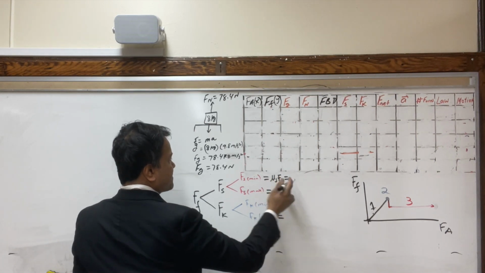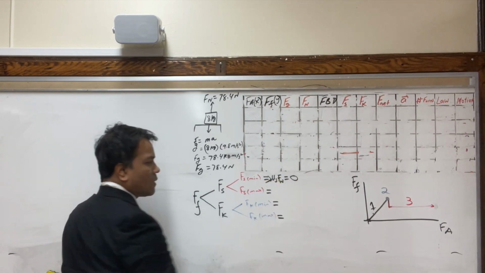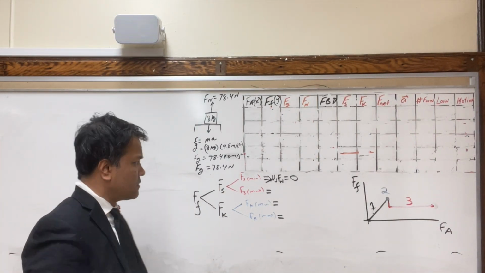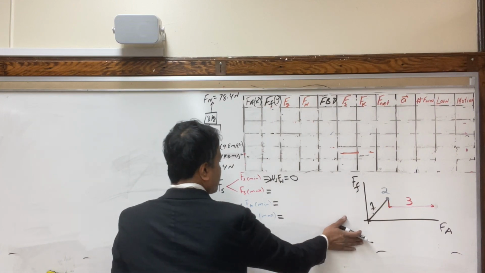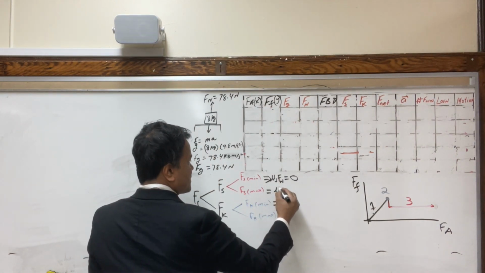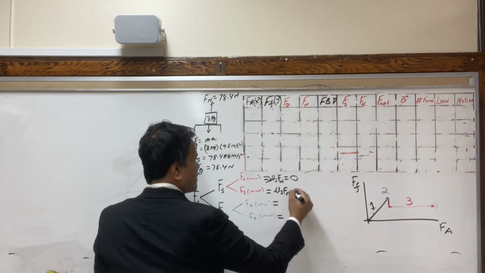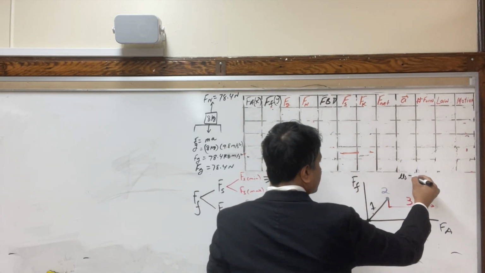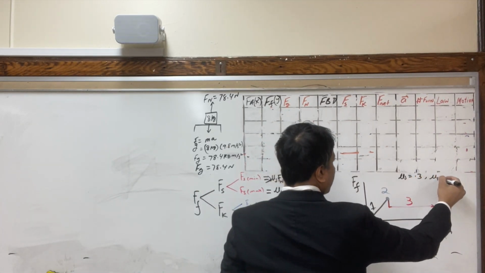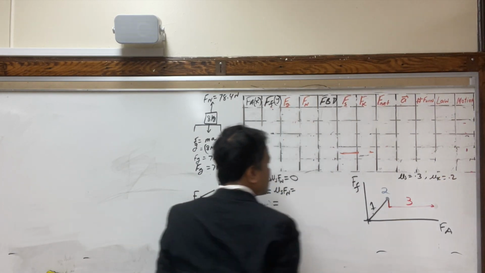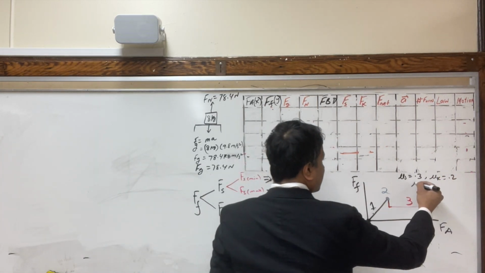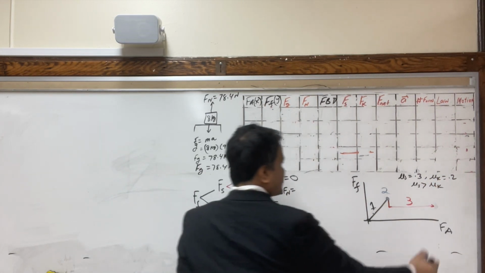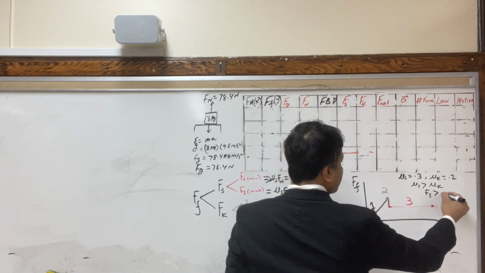In fact, Fs min is 0. Why is it 0? When the object is at rest, its friction is 0 by definition. Fs max is mu s Fn. I gave you mu s is 0.3 and mu k is 0.2. Mu s is always bigger than mu k, because Fs is always bigger than Fk.